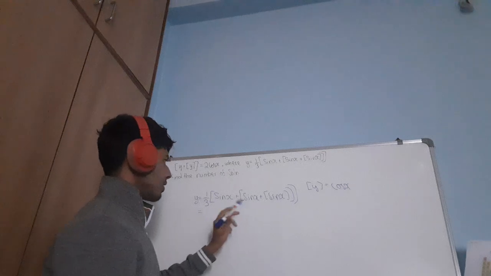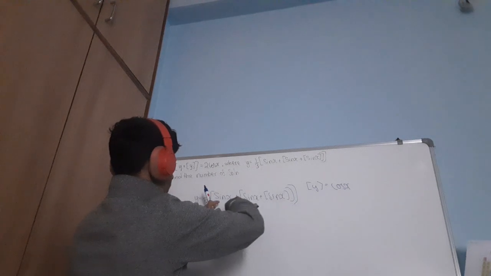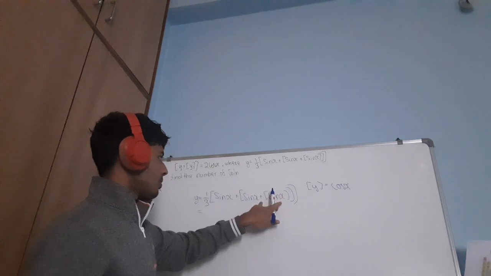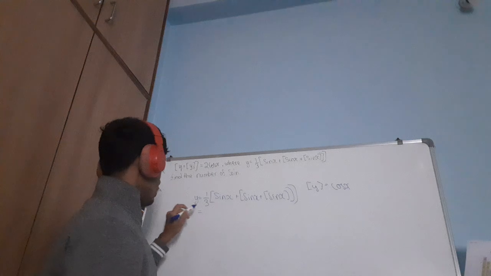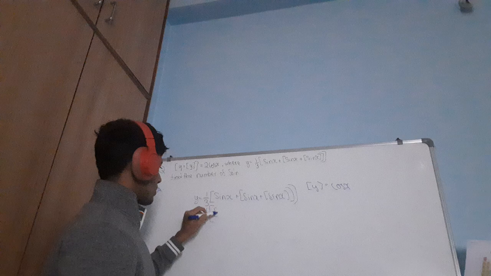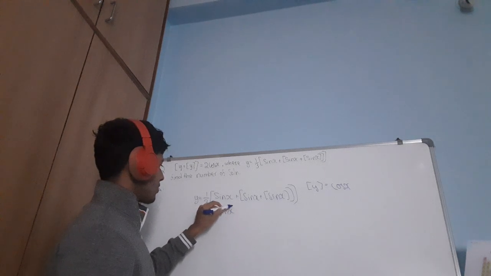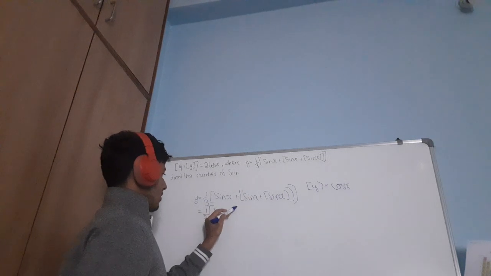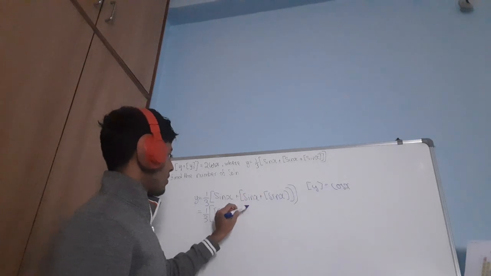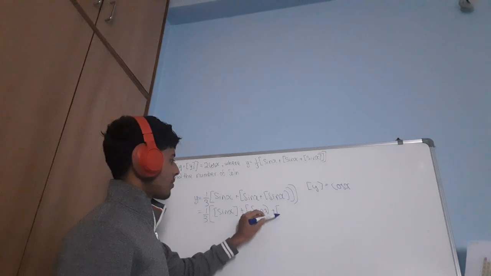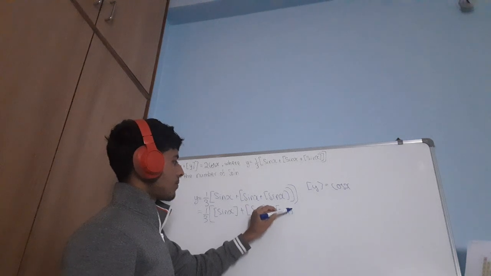Again, using the same property, I can distribute the outer box into the various elements, and the box of these two into its various elements. So you'll be left with something like box of sine x, plus box of sine x, plus sine x.